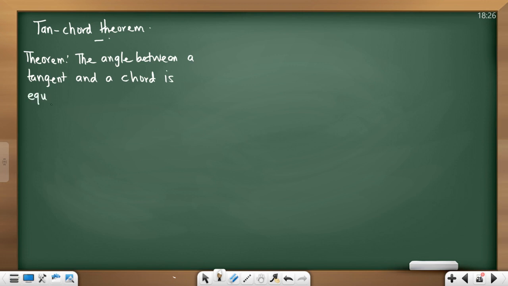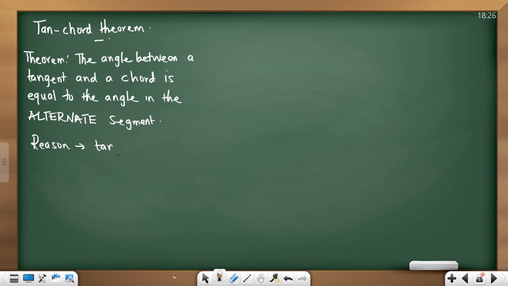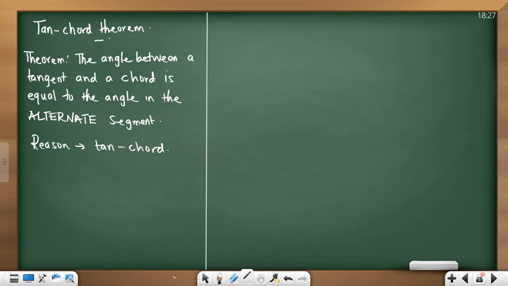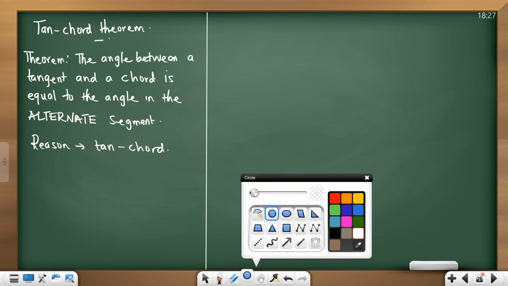Is equal to the angle in the alternate segment. And our reason for this, whenever we say this, is simply tan-chord. Okay, please, it is important also to know the theorem because there is what you call fill in the gap. Examiners are going to ask us to fill in the gap.